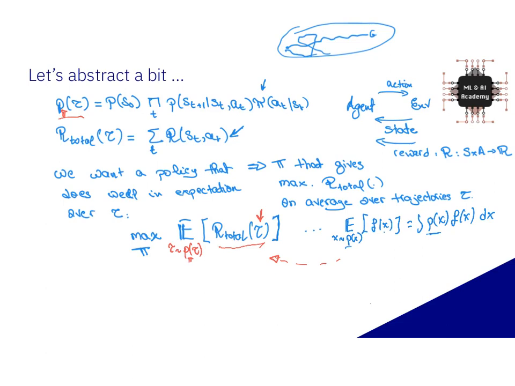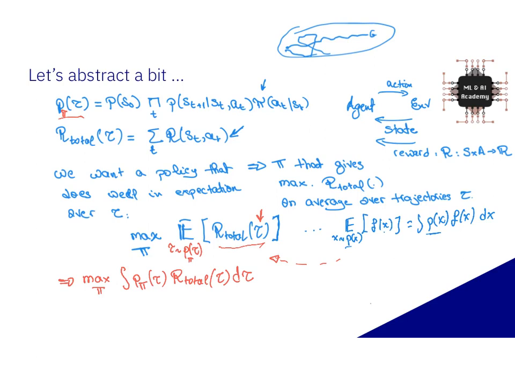As we said, please notice the definition here. Just to be clear, max over pi of the expectation over tau sampled from P pi is the same as saying the integral over P pi of tau, R total of tau, d tau.